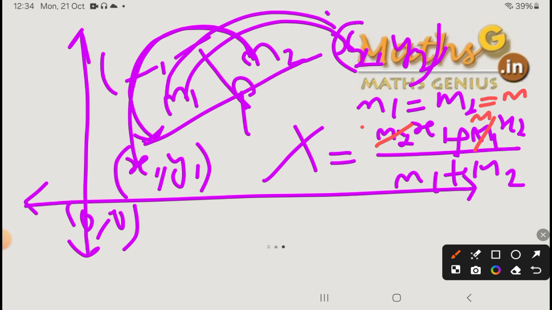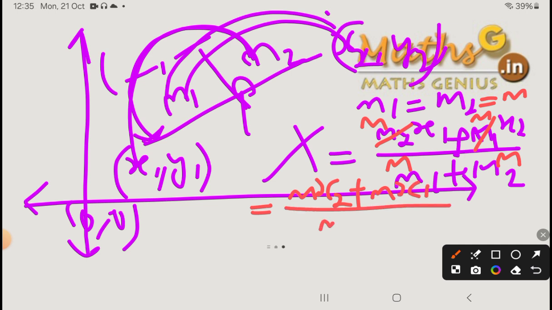So mx2 plus mx1 over m plus m. So what does it make? mx2 plus mx1 whole divided by m plus m. On the numerator we can take the common m and x1 plus x2, and in the denominator we get 2m.